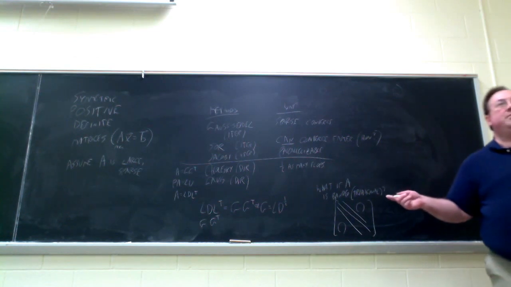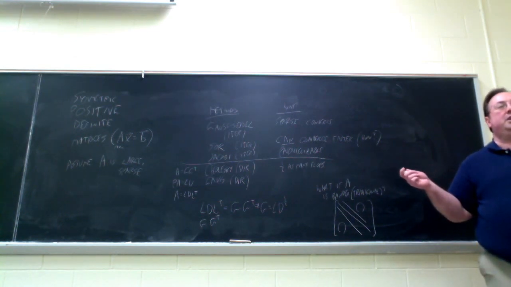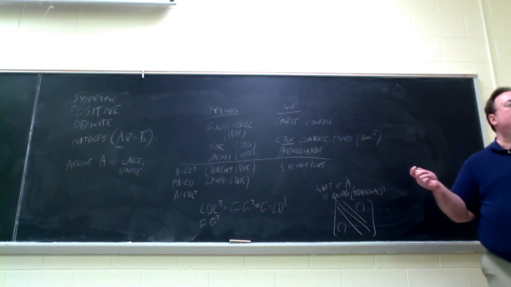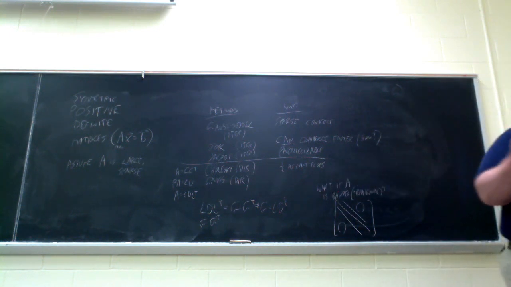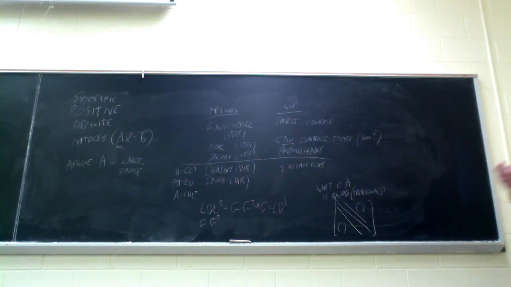How expensive is Gaussian elimination normally for a general matrix? 2/3 n cubed. And then we cut that in half for Cholesky, so 1/3 n cubed. But for a tridiagonal matrix, Gaussian elimination is not order n cubed, it's order n.